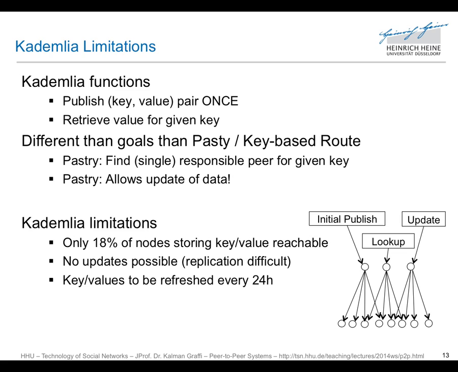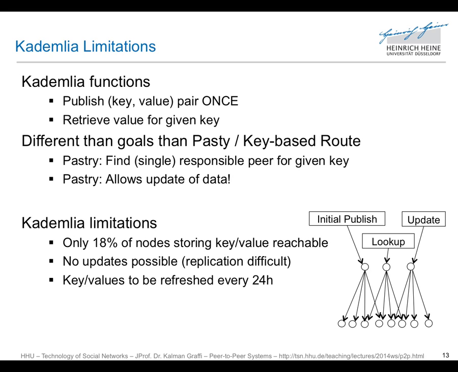If you want to change your data later on, you don't have the guarantee that you really reach all of the nodes where you stored it initially. And if you miss one of these entries, and obviously you don't miss just one, but maybe 82%, then you have the problem that the old entries are still in the network.